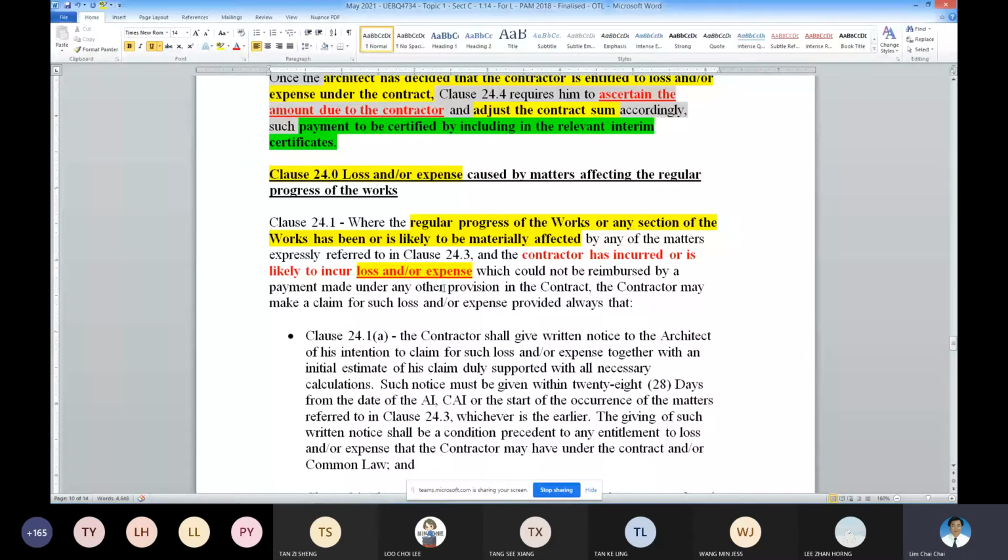I hope you are clear. So I repeat one time. Let's say the contractor applies for 50 days for extension of time, and the architect evaluates 20 days. If it is accepted by the contractor, the 20 days will be the basis to evaluate your loss and expense, and not your 50 days as applied earlier by the contractor.